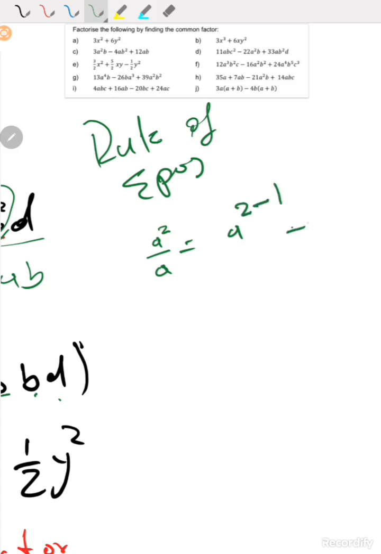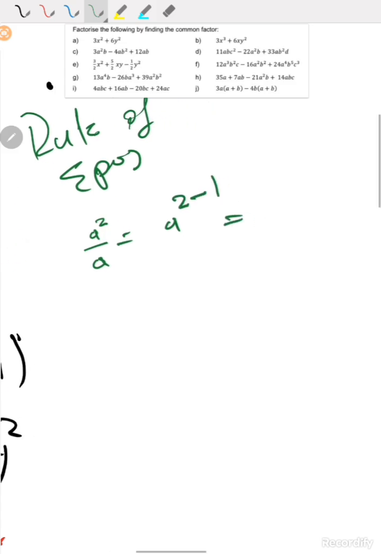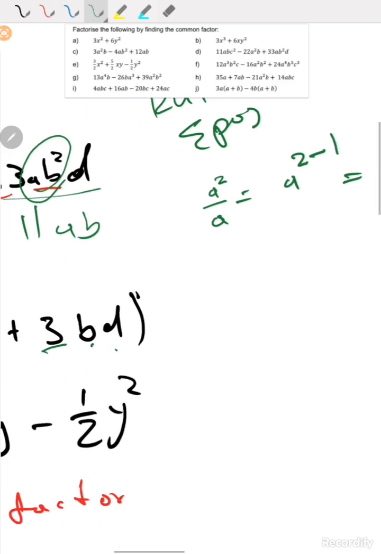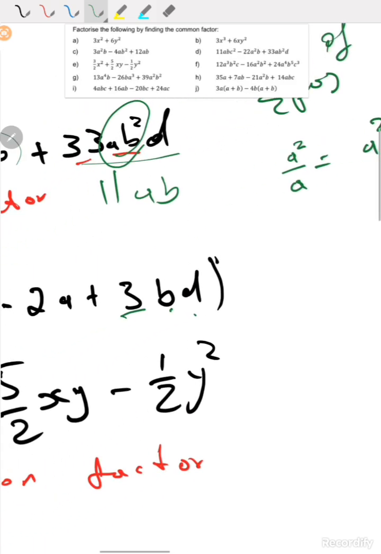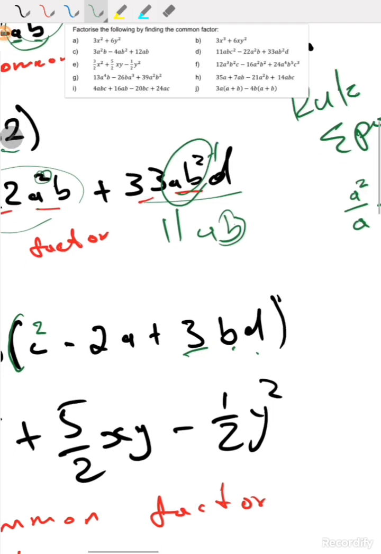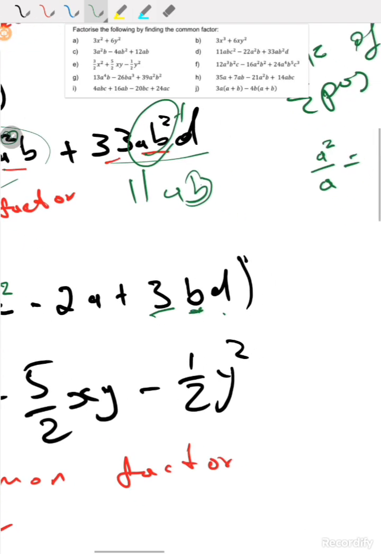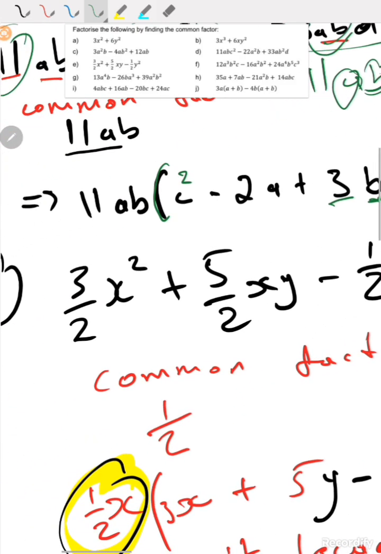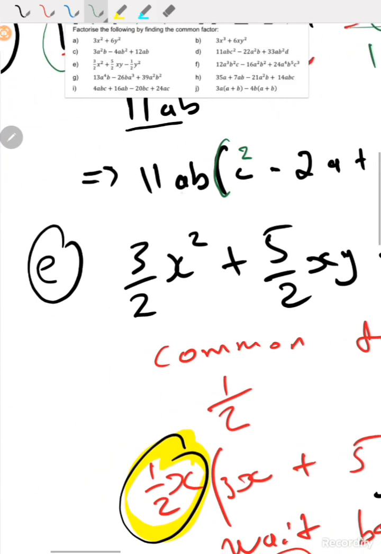I remember learning this in grade 11. So the final one is a. Those are the rules of exponents. So whenever we divide, it's going to minus 1 there. Hence, we have bd. Then we don't have a because it is obvious. You see that one. Then let's go to number D.